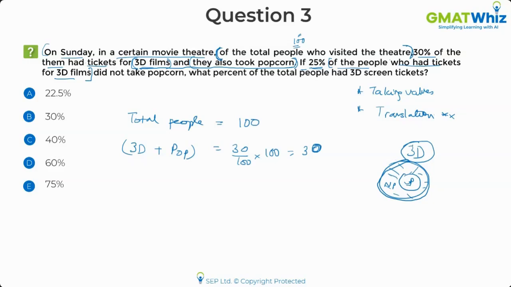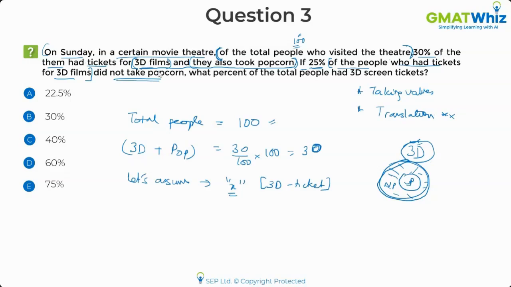So what you can do is assume something and move ahead. You can say, I don't know how many people bought 3D tickets, but I've already assumed 100, so I cannot assume any more number. Let's say X people had 3D tickets, and they're saying 75% did not take popcorn. So can anyone tell me what percentage of people took popcorn? It's an easy question.